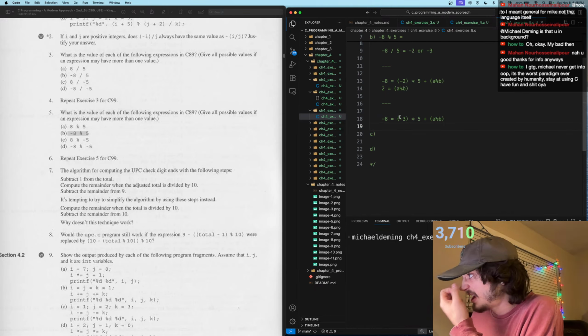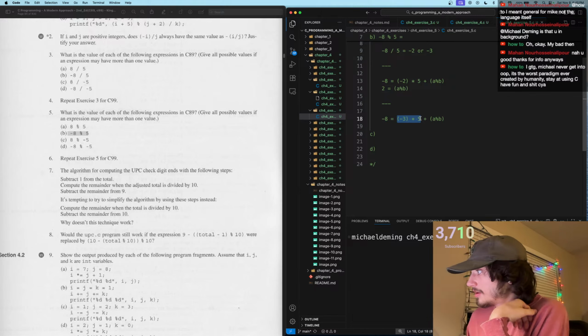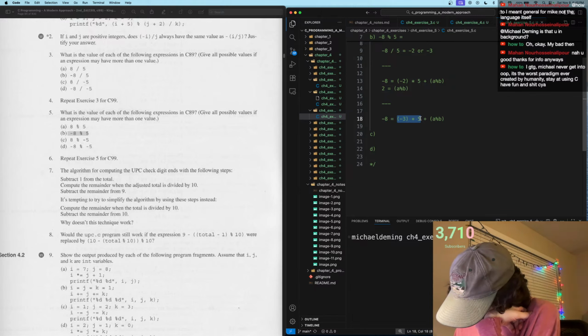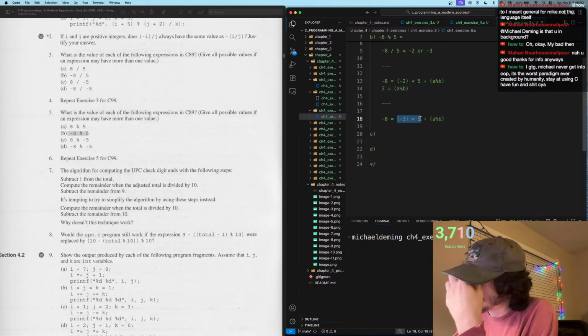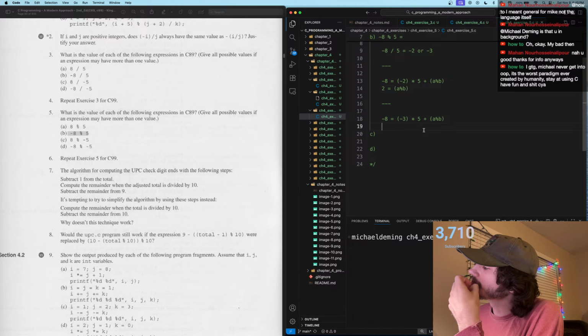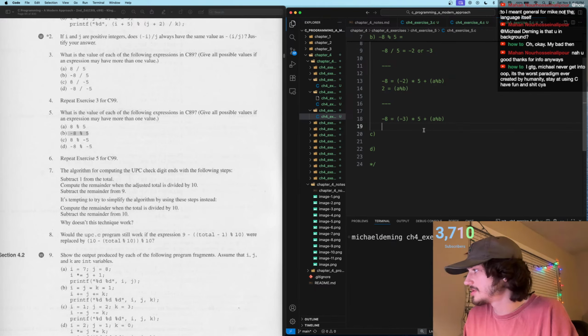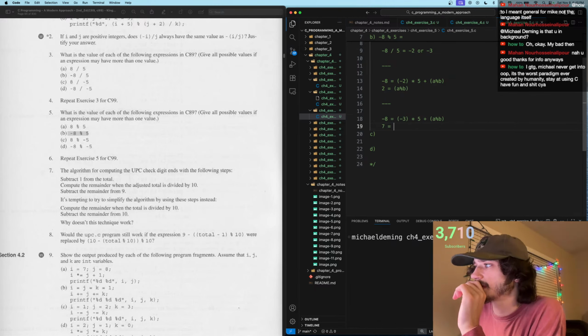Right, so this would be negative 15, and that would be 7. But I thought we have to have a negative in here somewhere.